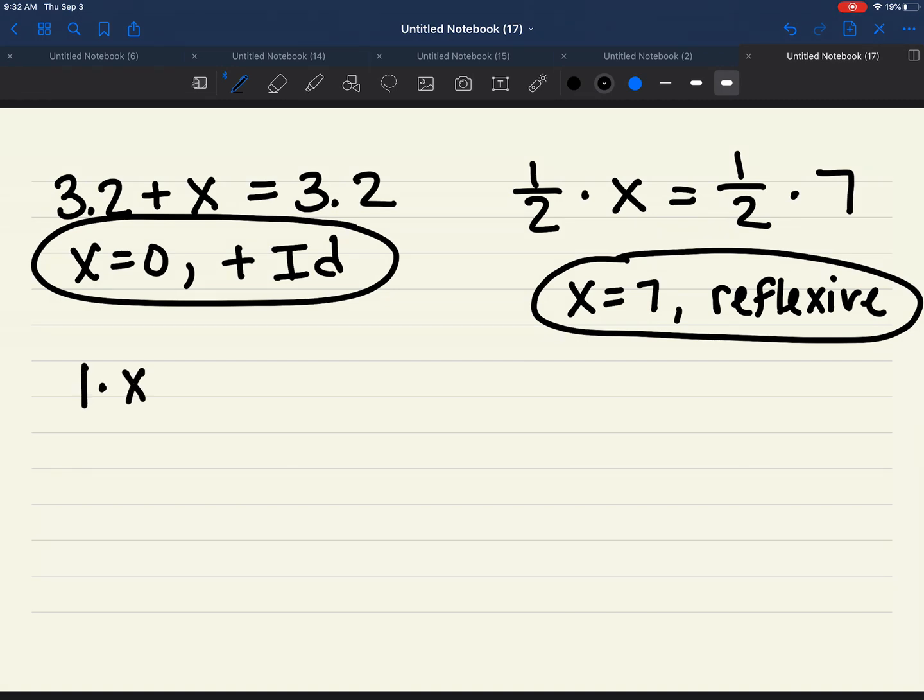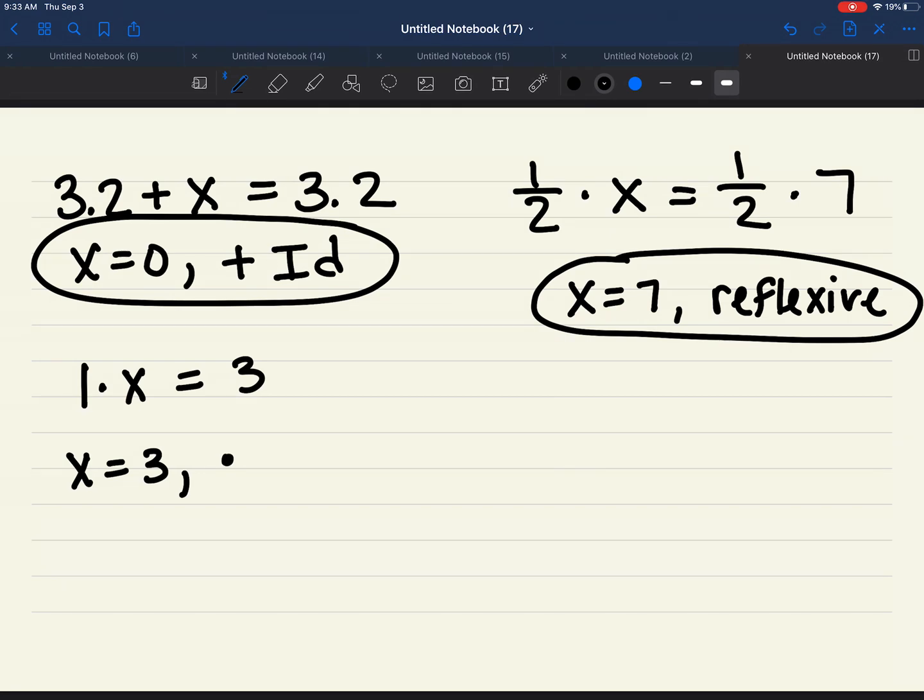All right, last one. 1 times x is equal to 3. Marley? What would be my value for x? Tell me that first. 3. Okay, and then what property would be shown here?